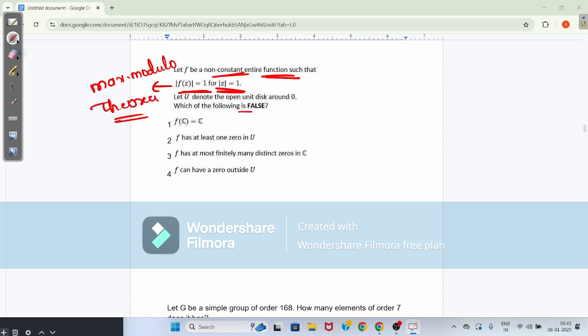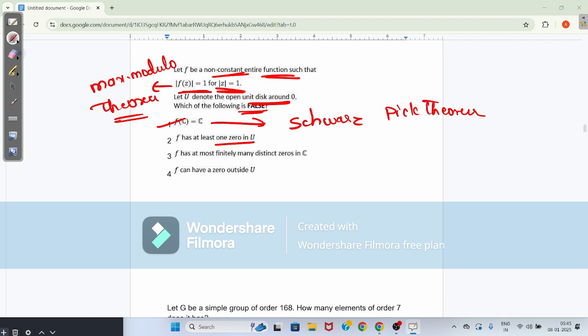Okay, so which of the following is false? We have to find it out. f of c is equal to c, by Schauder's fixed point theorem, what you can say is f has a fixed point in the unit disk here. Okay, so this is the true statement here.